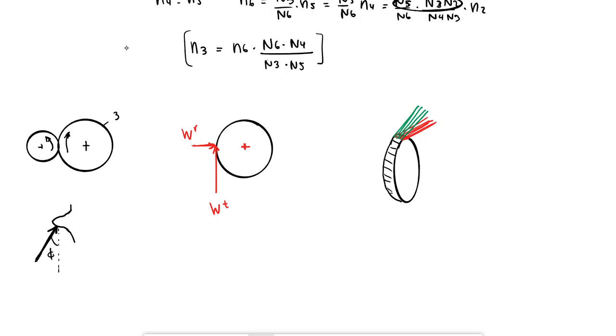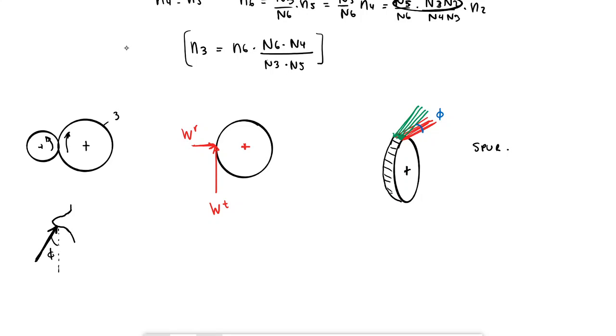The actual force in green is coming at an angle, and the angle formed between these two is what I would call phi. This is going to help for the other types of gears, but this is basically what I would have. And there's no axial load in spur gears because there's no angle to it. So this is spur.